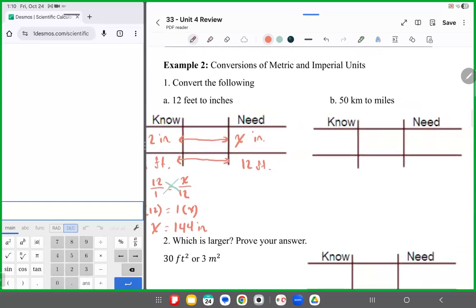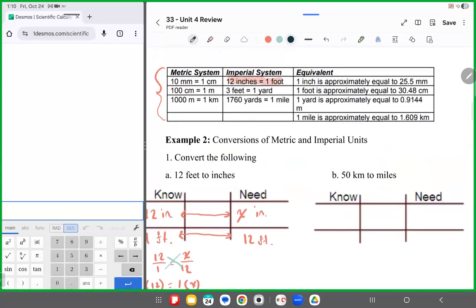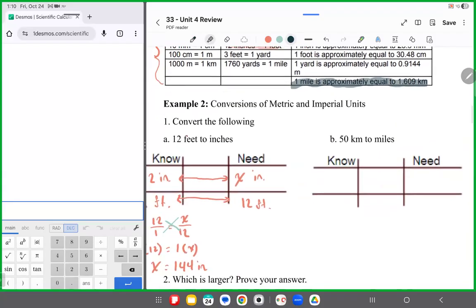Okay, what about 50 kilometers to miles? So again, having a look at our chart, we can see 1 mile is approximately 1.609 kilometers. And so we know that 1 mile is equal to 1.609 kilometers.